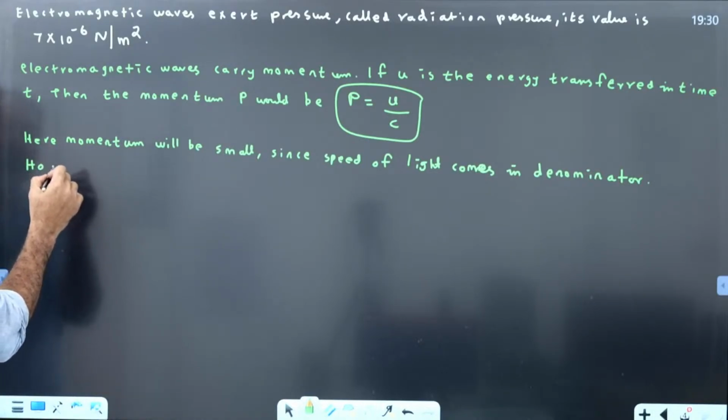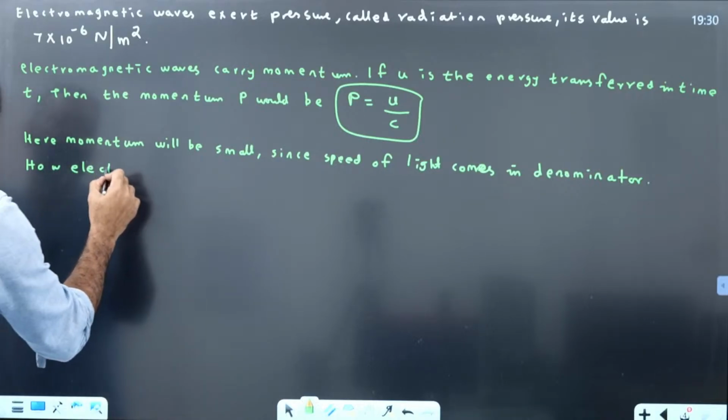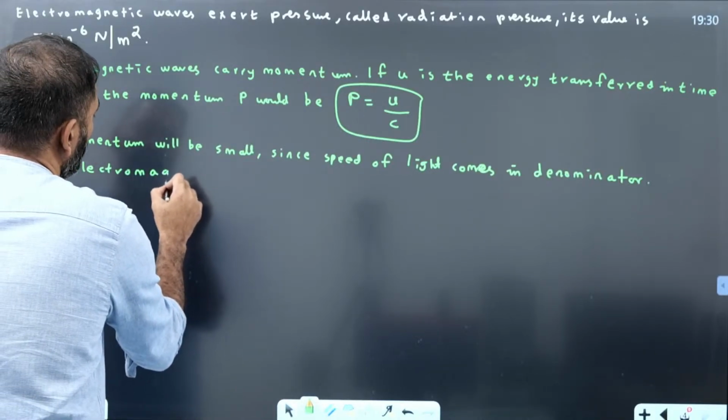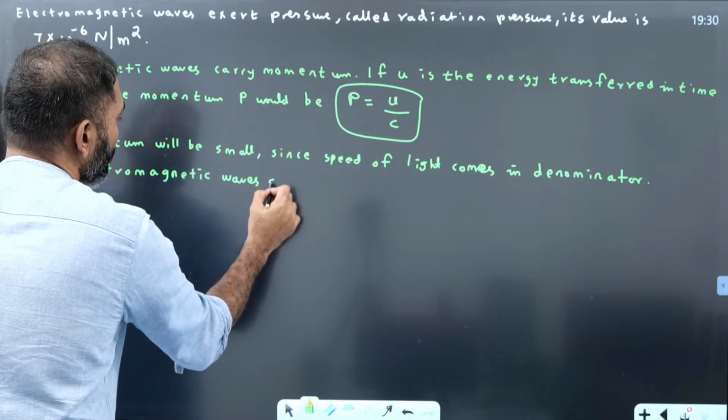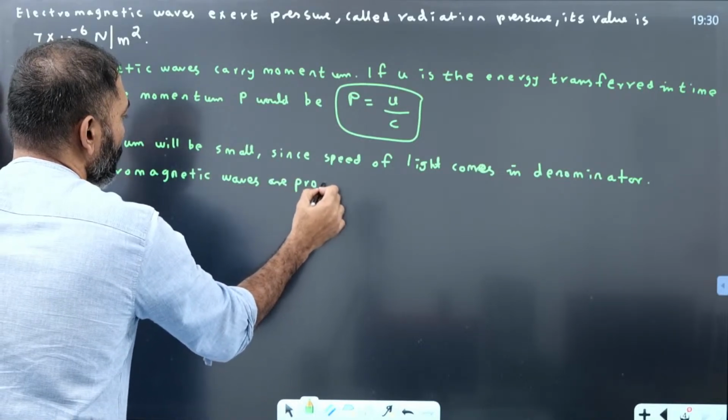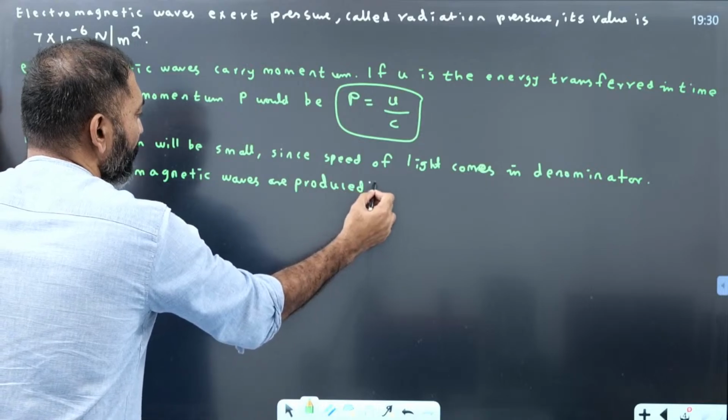Now, next, how are electromagnetic waves produced? That is the next question.